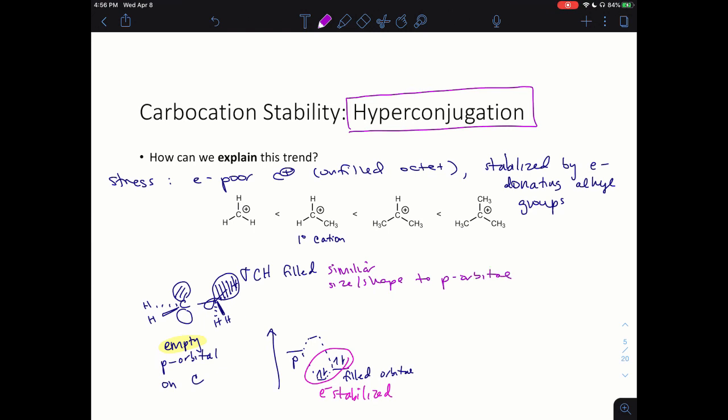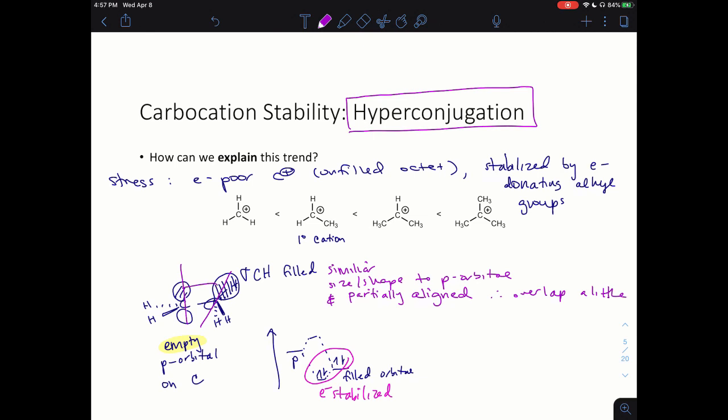At this moment, it's occupying the same plane as the p orbital, so it's kind of aligned. It's not perfect. I guess we could be more precise. Would you like to say partially aligned? It's not parallel at all, but they're sort of aligned, and so they can overlap a little bit.